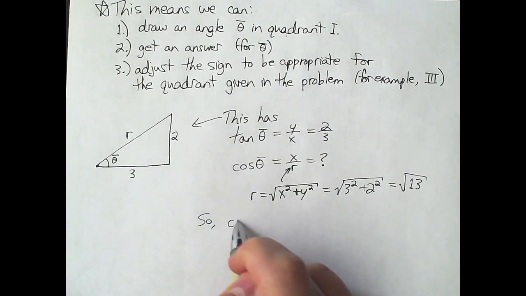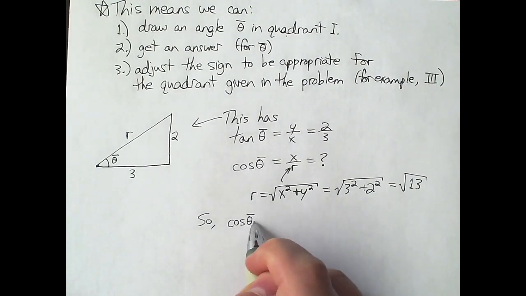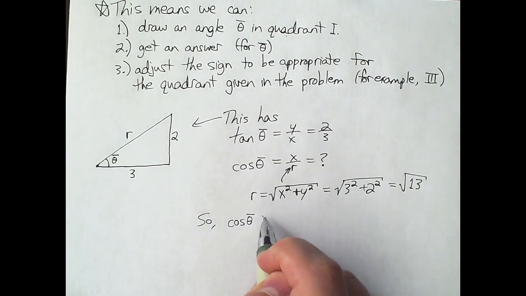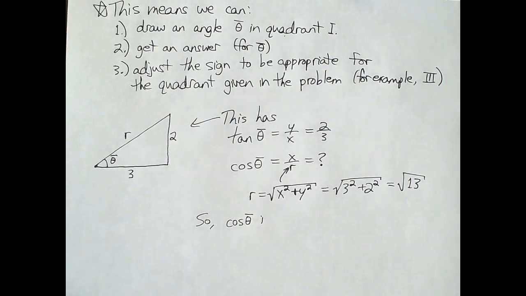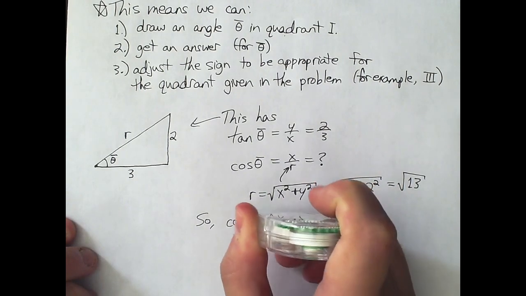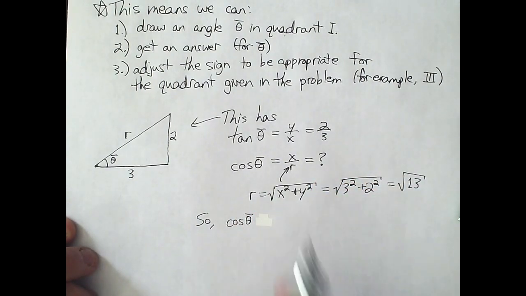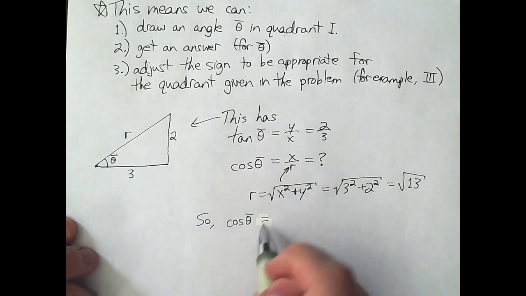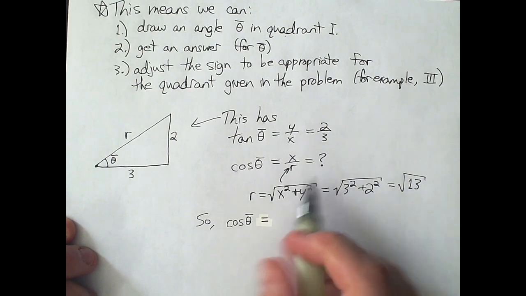So, cosine of theta bar, I was going to write is. I've got a better idea. Instead of writing the word is, why don't I just put an equal sign? Right? Equal sign. X over r.